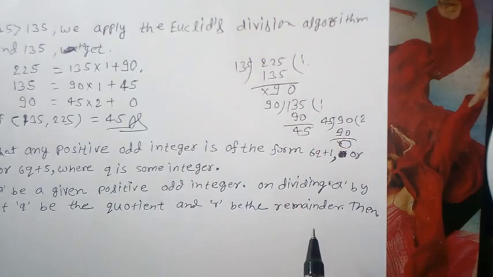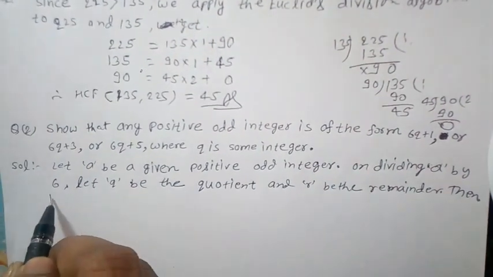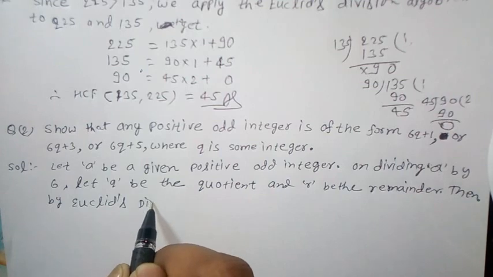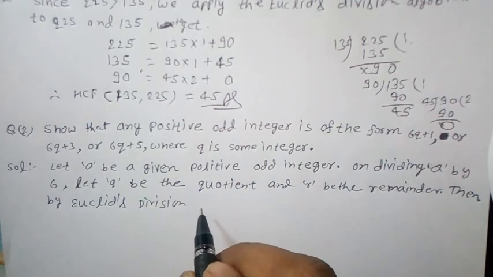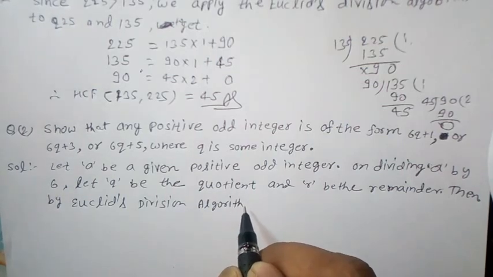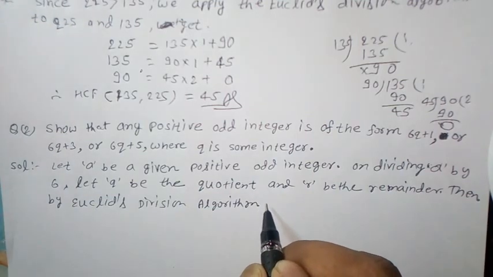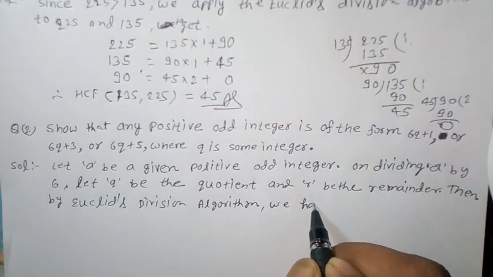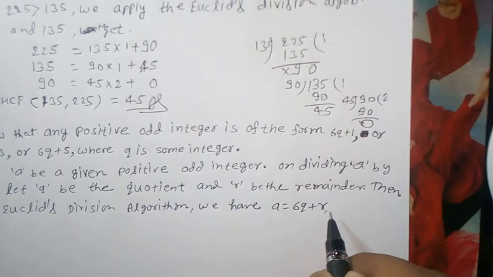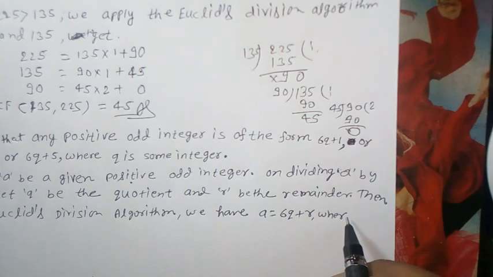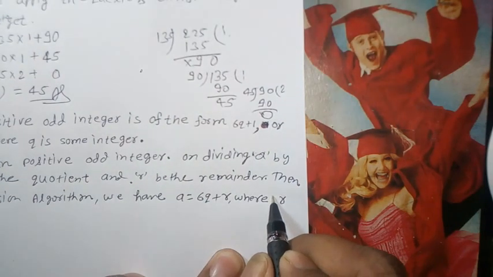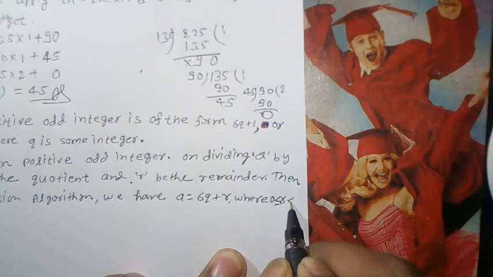Then by Euclid's division algorithm, we have a is equal to 6q plus r, where r is greater than or equal to 0 but less than 6.